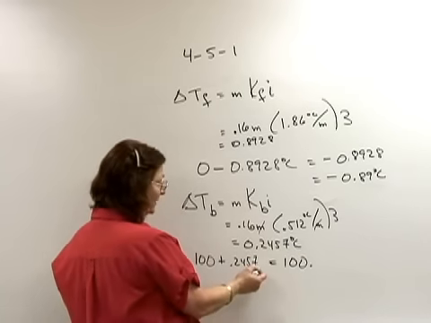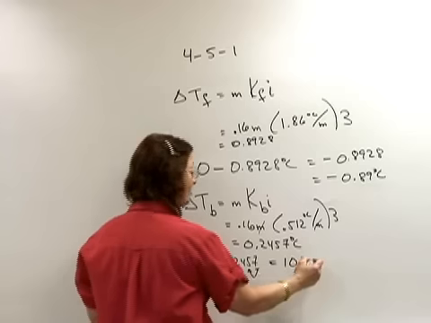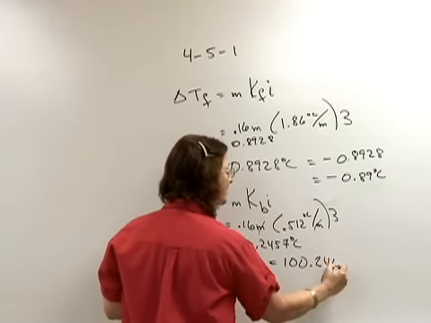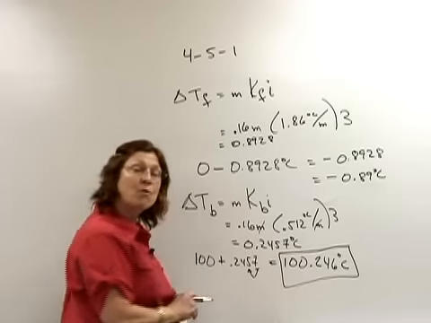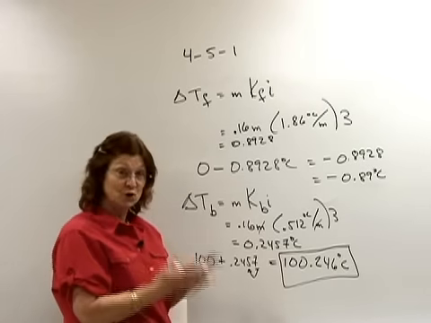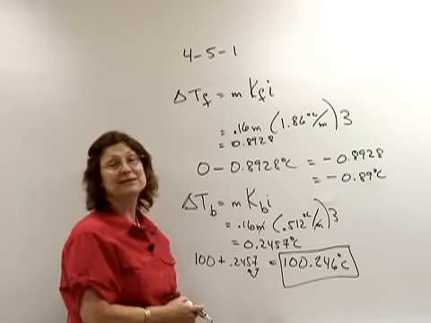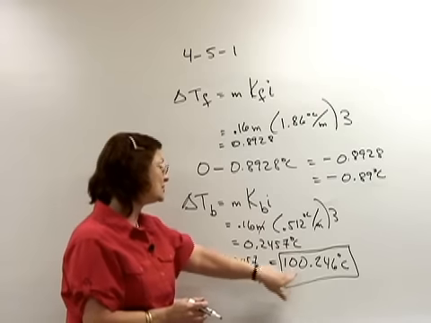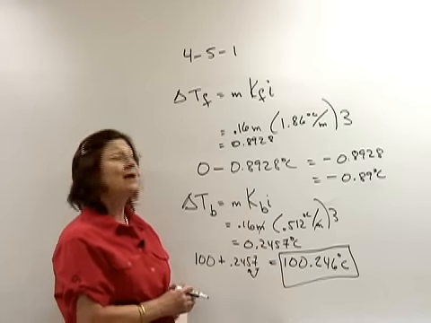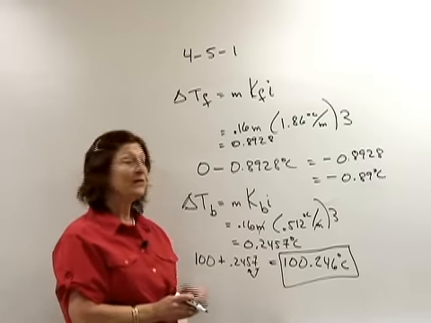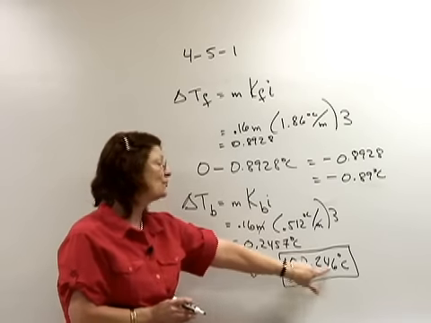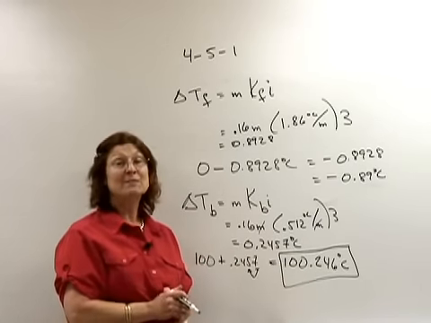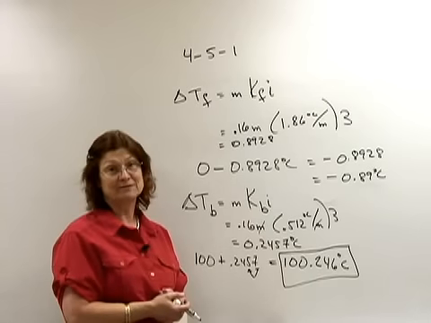So I'm going to look at the 7, which rounds the 5 up, and I get 100.246 degrees Celsius. And that would be my answer for the boiling point, the new boiling point for this magnesium acetate. So you can see it's a small change of the boiling point, but it is indeed a change. This is not significant digits, we just take it 3 places past the decimal and round it, because it is such a small amount.